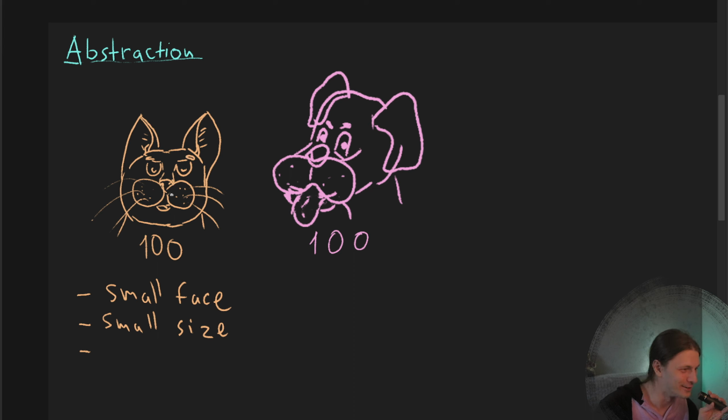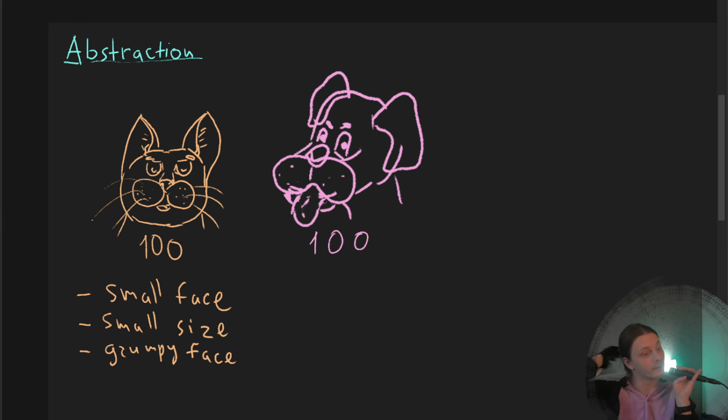Very grumpy face. Okay, grumpy. Oh no, what F? Face. Face. Okay, my handwriting is beautiful, very beautiful.